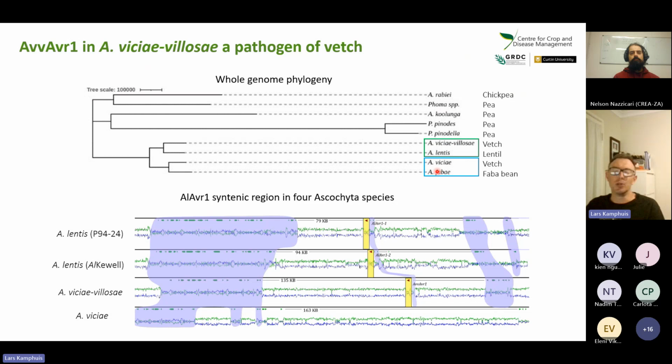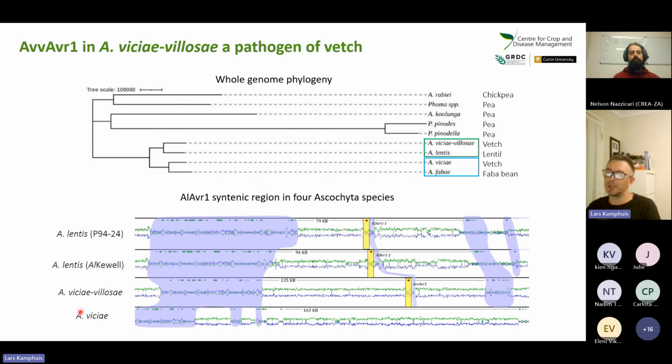When we started to look at the arrangement of the ALAVR1 homologue in the vetch-infecting pathogen, Ascochyta vitiphila, you can see in blue here the regions that are highly syntenic and the gene content that's conserved between the two versions of Ascochyta lentis and this Ascochyta vitiphila. You can see that on both sides there is good synteny and that the gene is present.